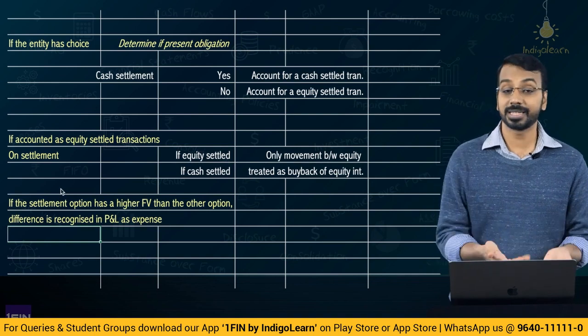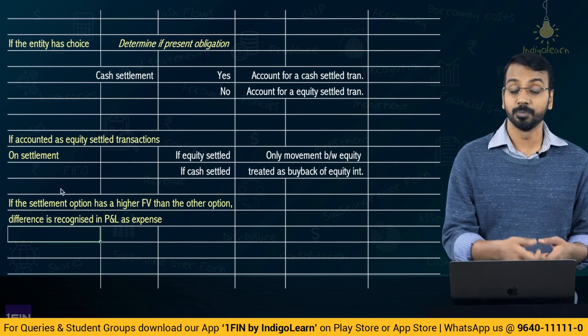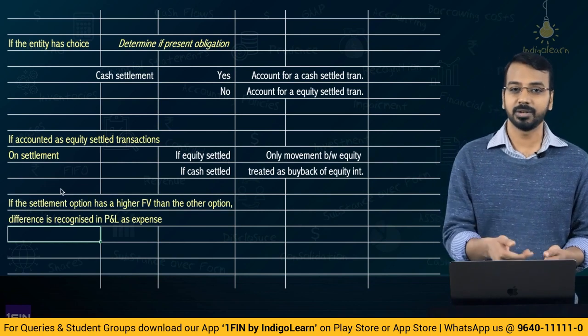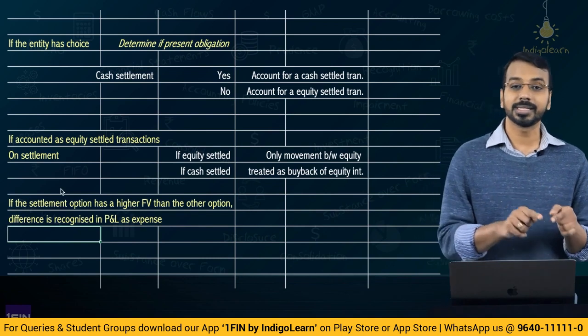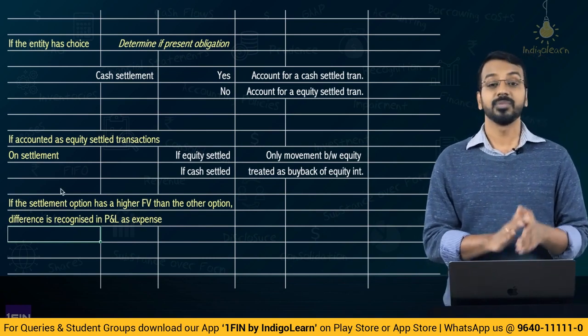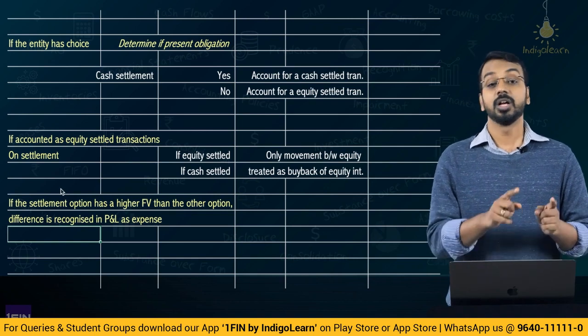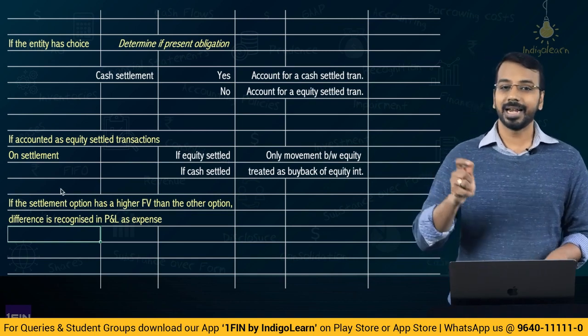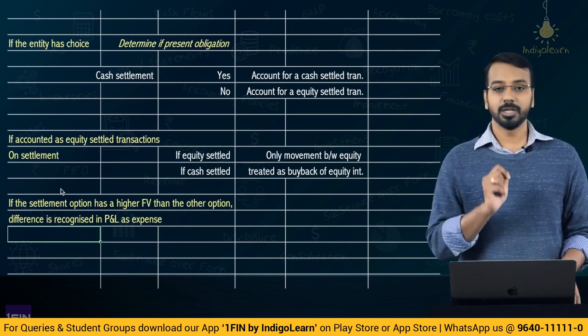So whether it is equity settled or cash settled, if you are settling it at a higher value, that is, let us say fair value of equity settlement is higher than the fair value of cash settlement, and you still go ahead and settle it at fair value of equity, then the difference between the fair value of equity and the fair value of cash will be debited to P&L and credited to cash or equity depending on the settlement mode that has been chosen.